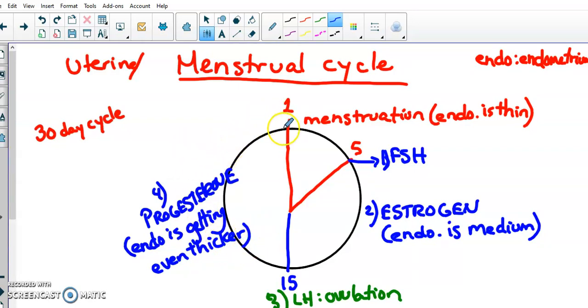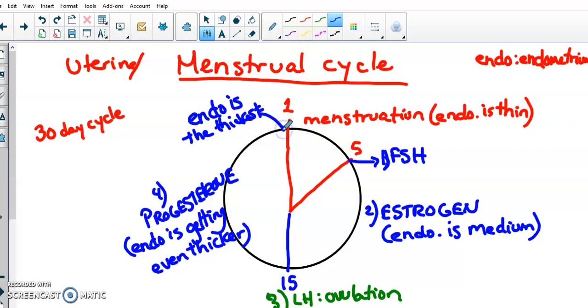And you guessed it, right at the end, right before she starts her period, the endometrium is the thickest. And that's why girls will have all the typical symptoms of menstruation: the bloating, the pain, the cramps, because the uterus is at its thickest.